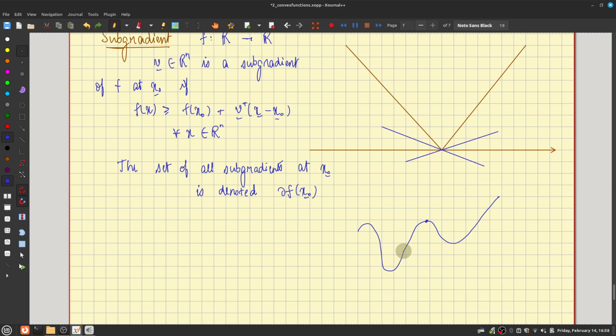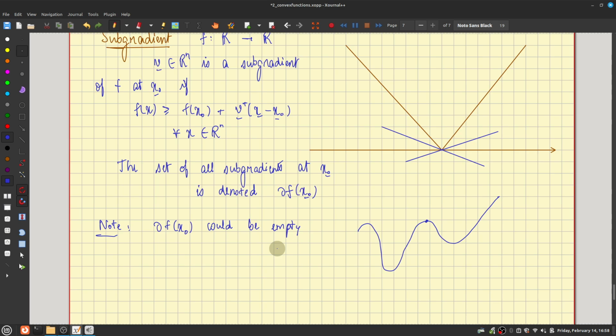It's not possible, right? So the subgradient need not exist at all points for an arbitrary function. So it's possible that no subgradient exists.